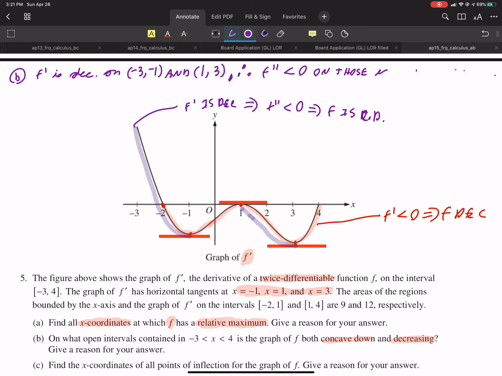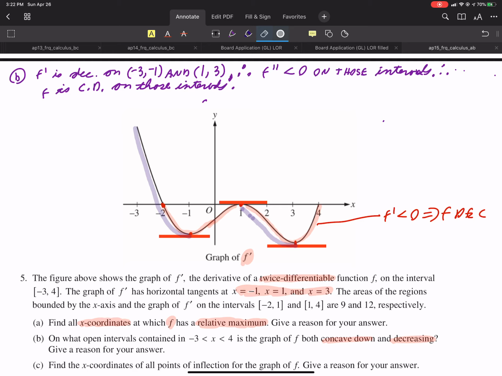On those intervals, therefore, f is concave down on those intervals. Bam. So that's going to allow me to erase all this. So we have just defined the regions where f is concave down.